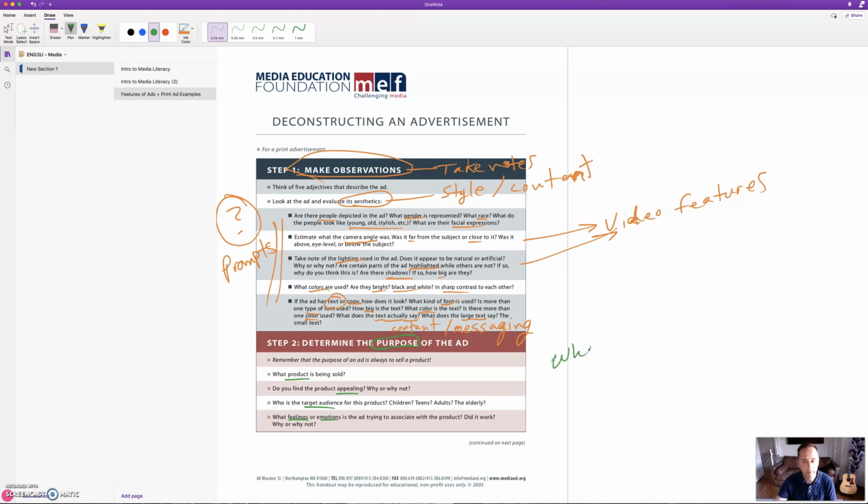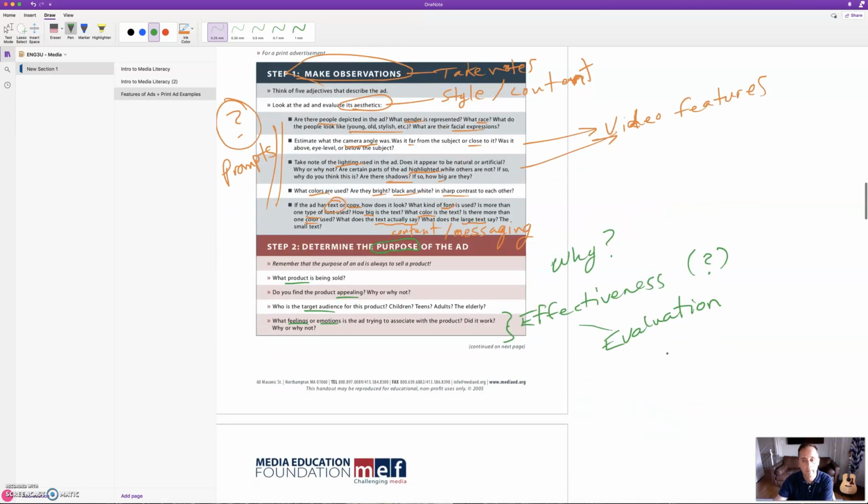So always asking why did they do it that way, and then the why or why not part is about effectiveness, which we looked at before. So effectiveness has to do with evaluation, right? You're making a judgment call. Was it successful or not?